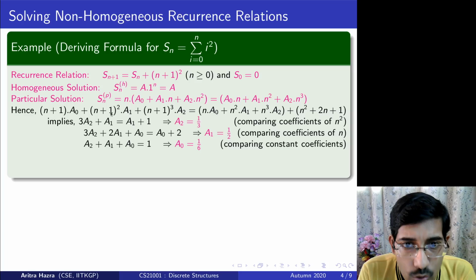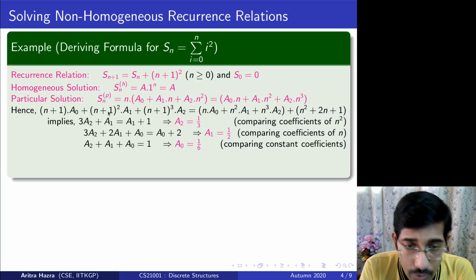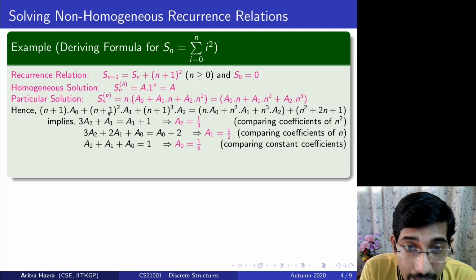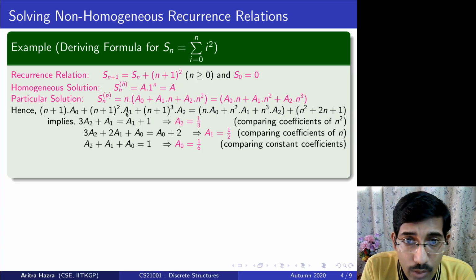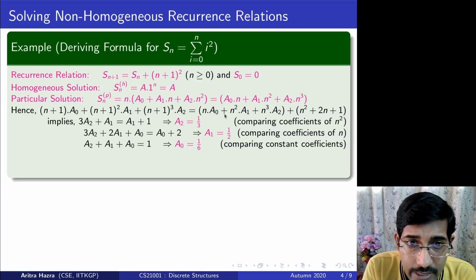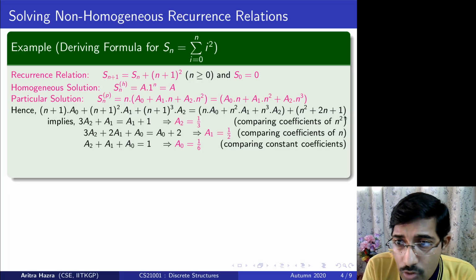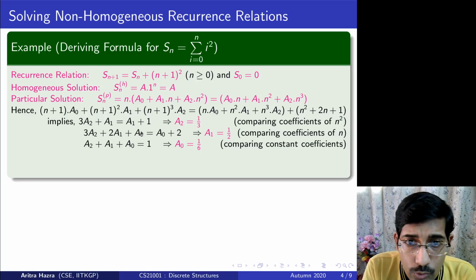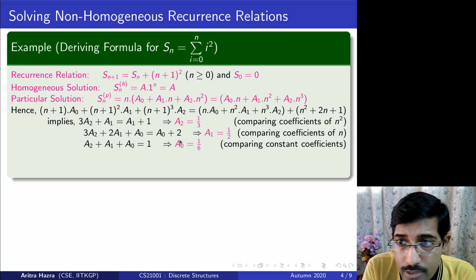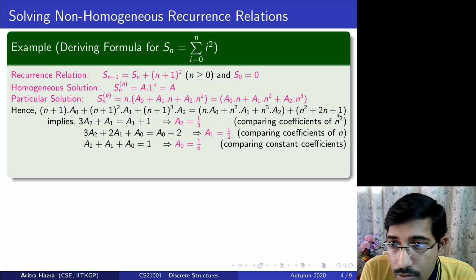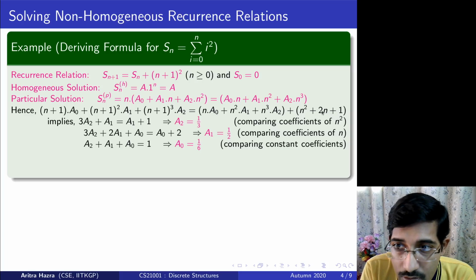Now matching the n terms, which are the n to the power 1 coefficients, I get 2a1 plus 3a2 plus a0 obviously here, equal to a0 plus 2, because I am comparing the coefficient of n.